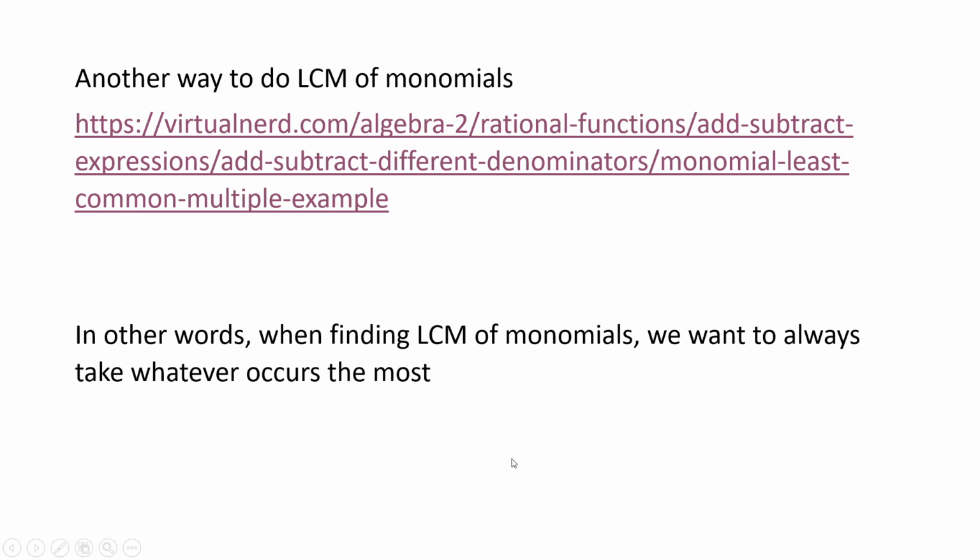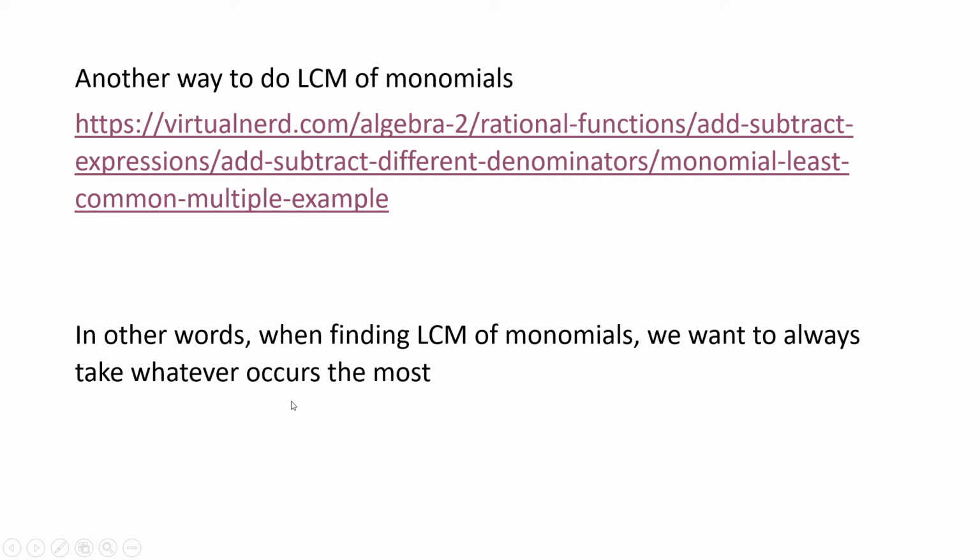If you look at the video more closely, you'll see an ironic situation. When we find the LCM of monomials, we look for whatever occurs the most.